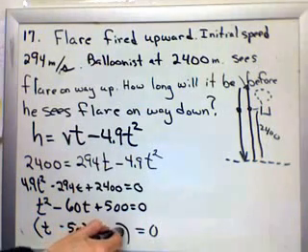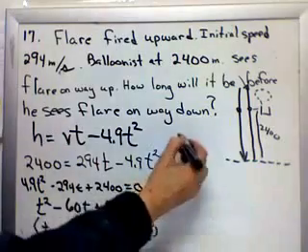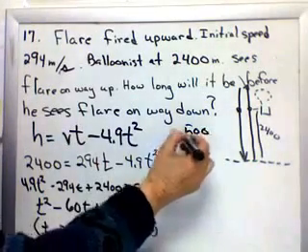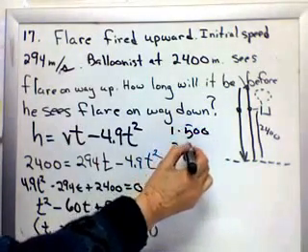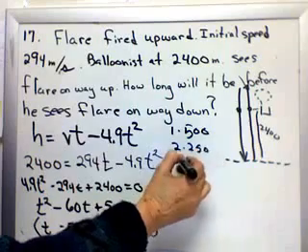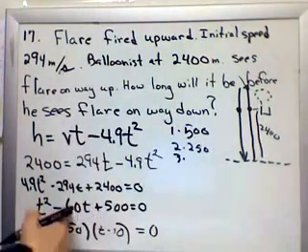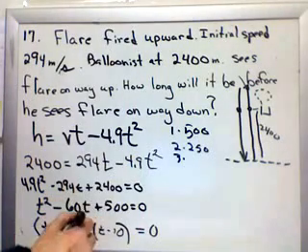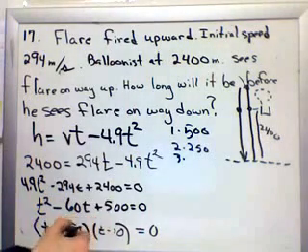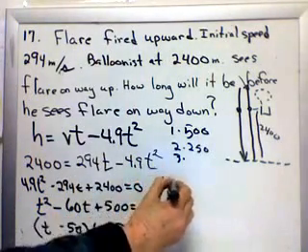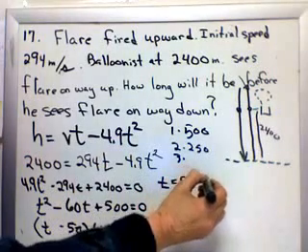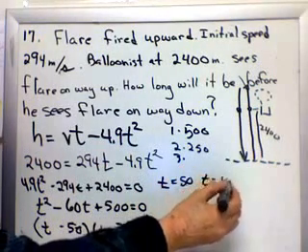And again, if you don't know the factors right off, start with the 500, and just start making a list. 1 times 500, 2 times 250, 3 times whatever. And I realize that 50 is not too far from 60, so 50 times 10 is 500. So t equals 50 and t equals 10.